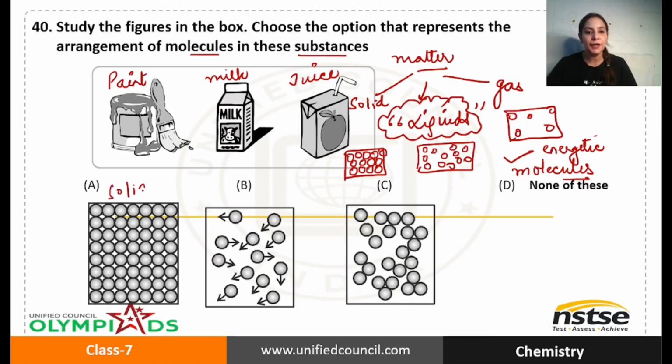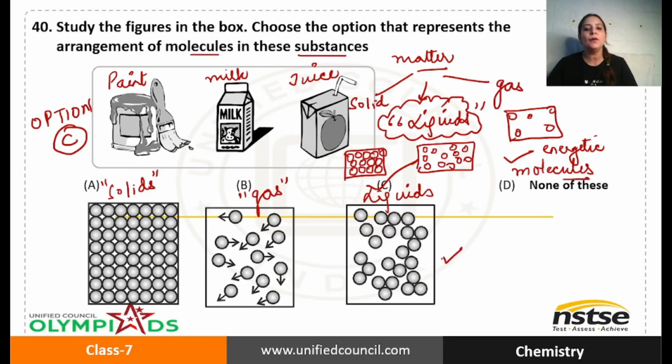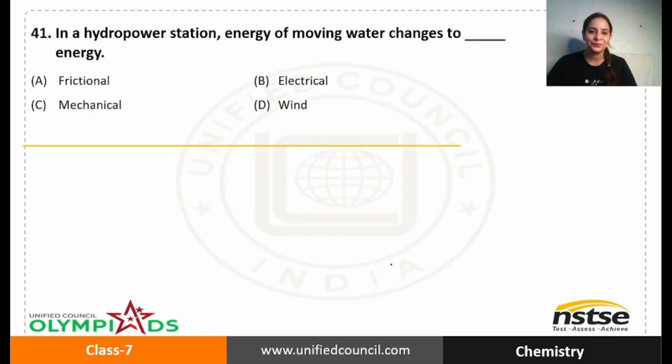This indicates the arrangement as it is in solids. And here you can see that particles are quite energetic. This indicates the arrangement in gas. And here they are loosely packed. It indicates the arrangement present in liquids. So the correct answer is option C, because all of them are liquids and this is how the molecules are arranged in them.